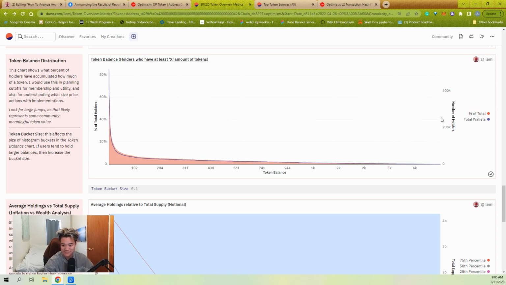It follows an exponential distribution. Not too surprising, given this is a governance token and it's got over 500,000 holders at this point, right? It's good to know. For some other tokens like FWB, you'll see a much more even distribution and membership cutoffs, right? So if Optimism said you have to hold a minimum of 100 tokens to gain access to something, you'd probably see a big drop off at the 100 mark.